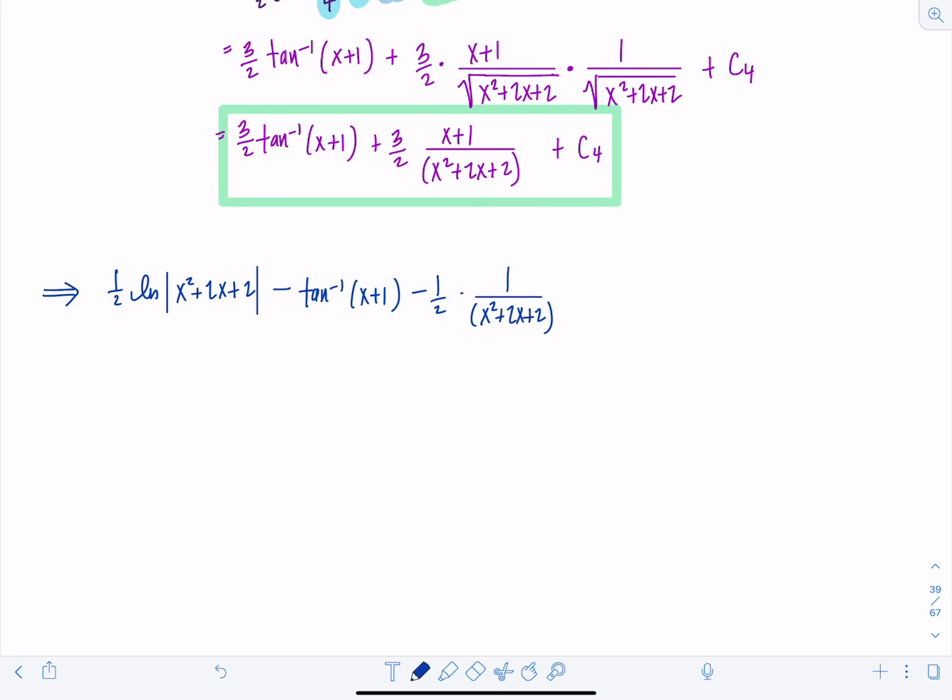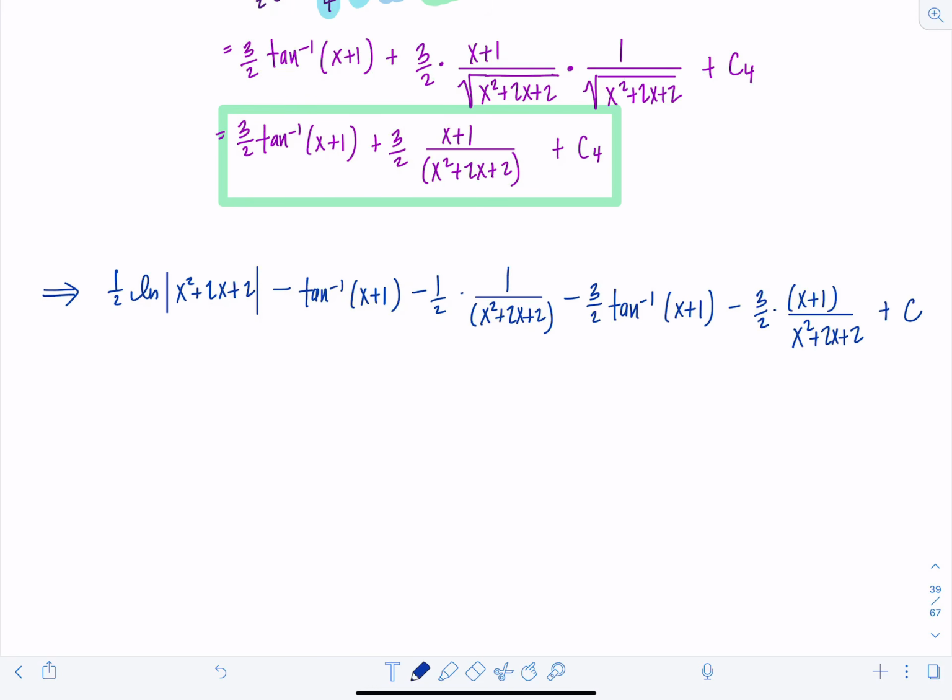And then last one, remember we had to subtract integral 4 as well. So I'm going to have minus 3/2 tan inverse of x plus 1 minus 3/2 times x plus 1 over x squared plus 2x plus 2 plus c.